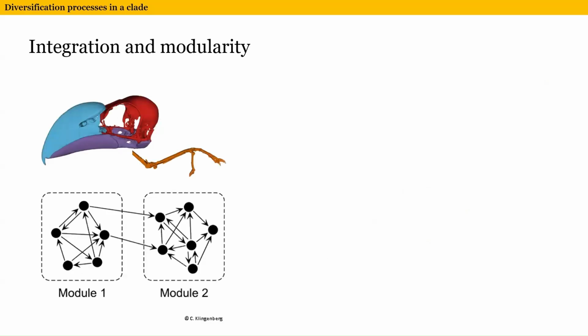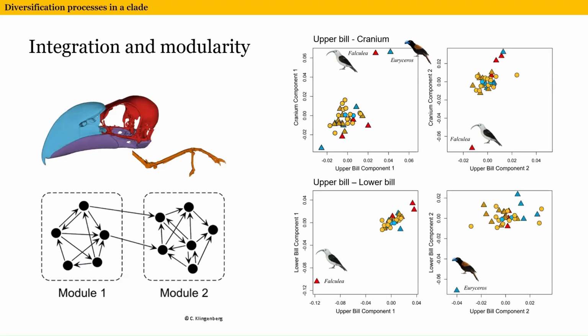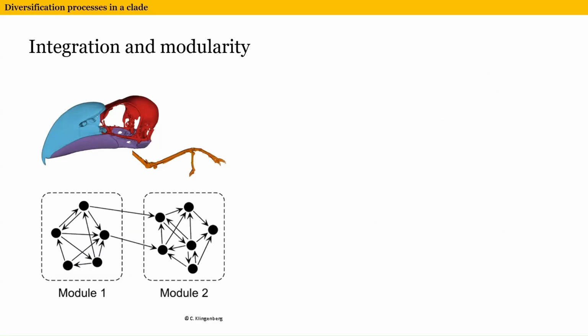To try to understand a little bit more how Vangas were able to evolve so much morphological diversity, including those outliers, I want to bring back this idea of integration and modularity that I talked about in the introduction. Here we're looking at these four anatomical modules: the cranium, the upper and lower bill, and the feet.